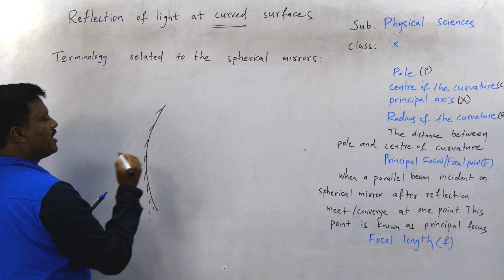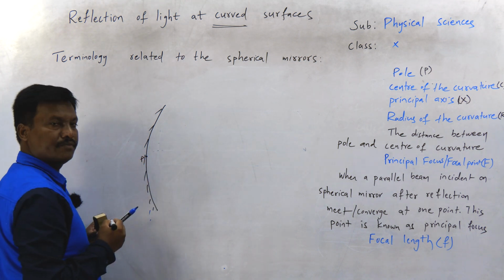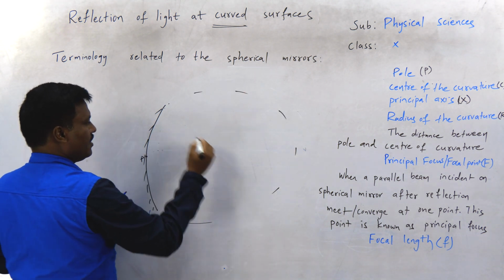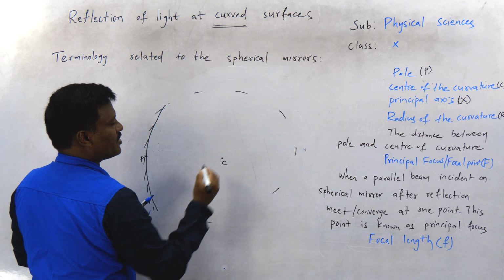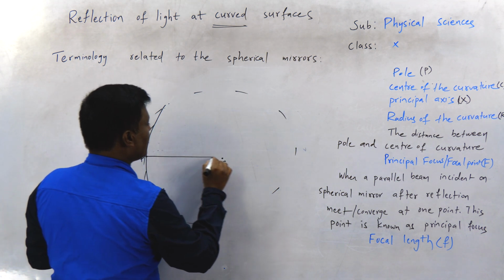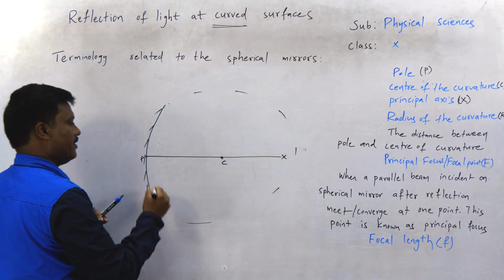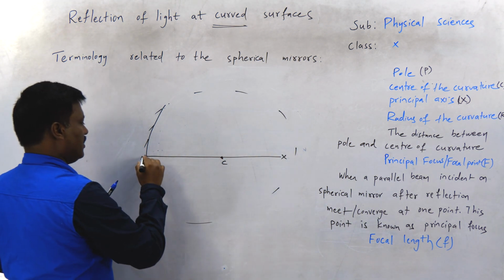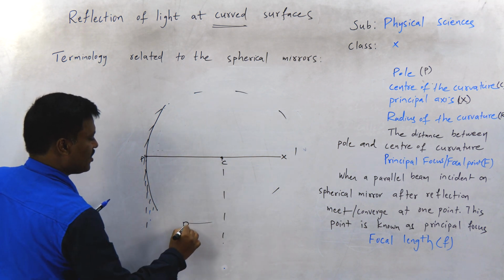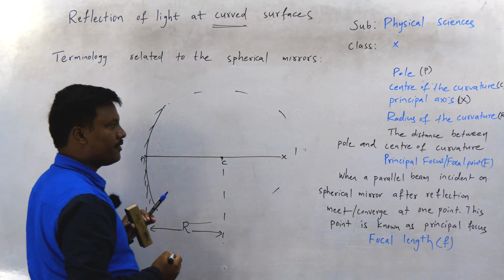The midpoint of the spherical mirror is called the pole, denoted by P. The center of the sphere is called the center of curvature, denoted by C. A line joining the pole and center of curvature is called the principal axis. The distance between the pole and the center of curvature is called the radius of curvature, denoted by R.